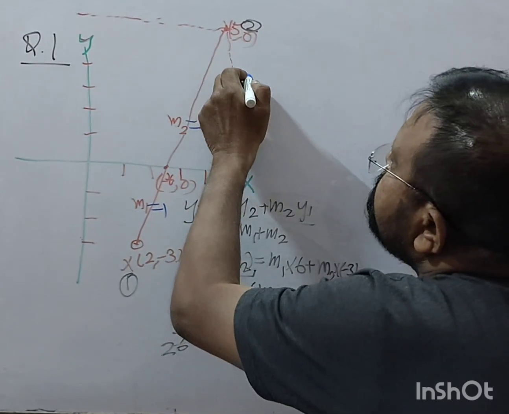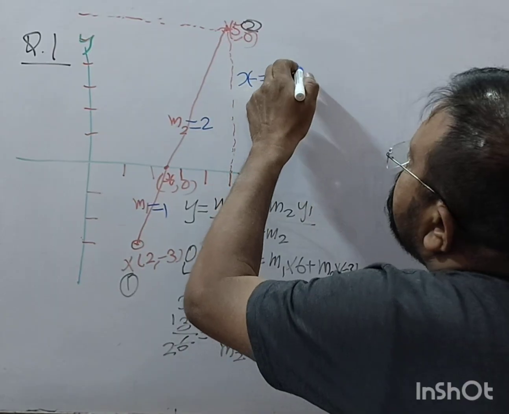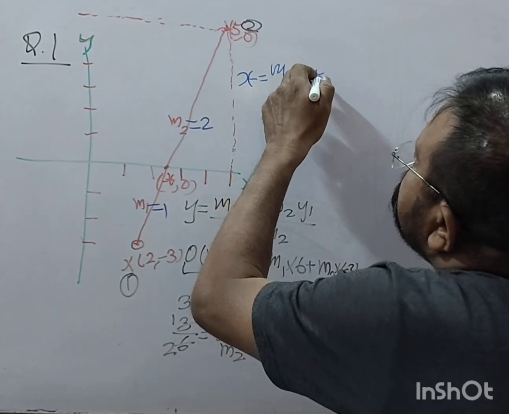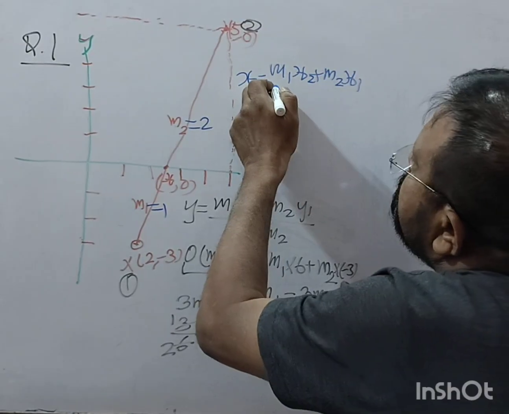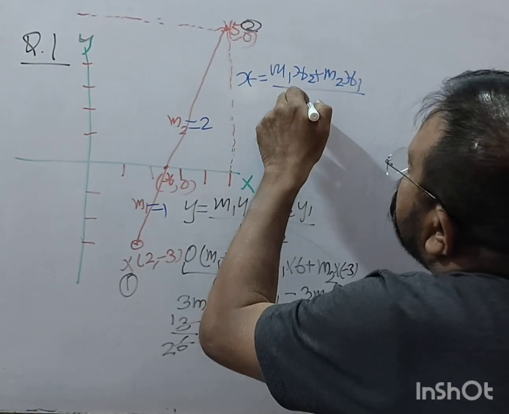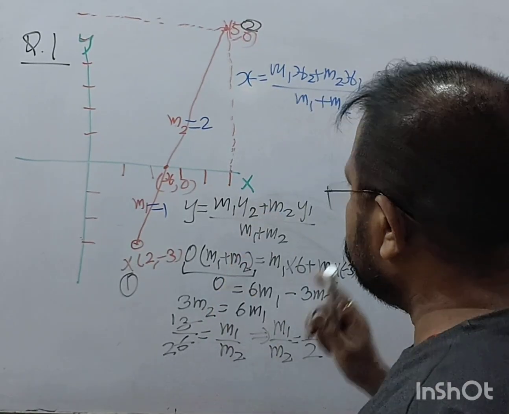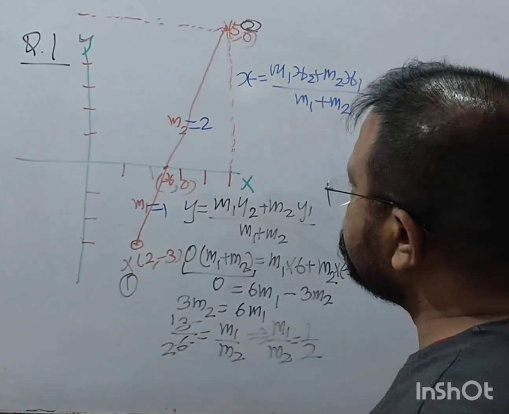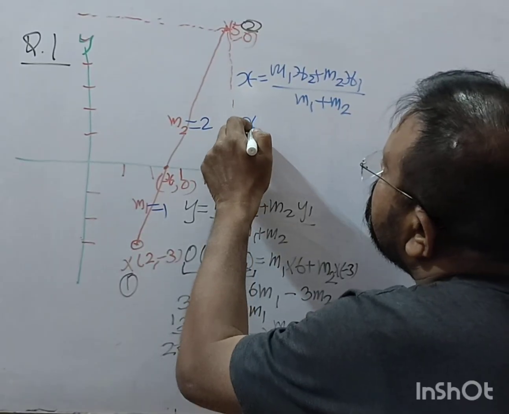So now x is equal to m1 x2 plus m2 x1 upon m1 plus m2. So what is x? X we have to find.